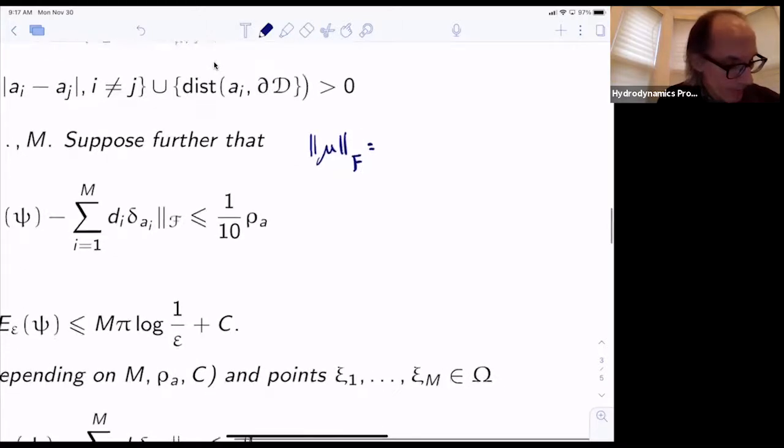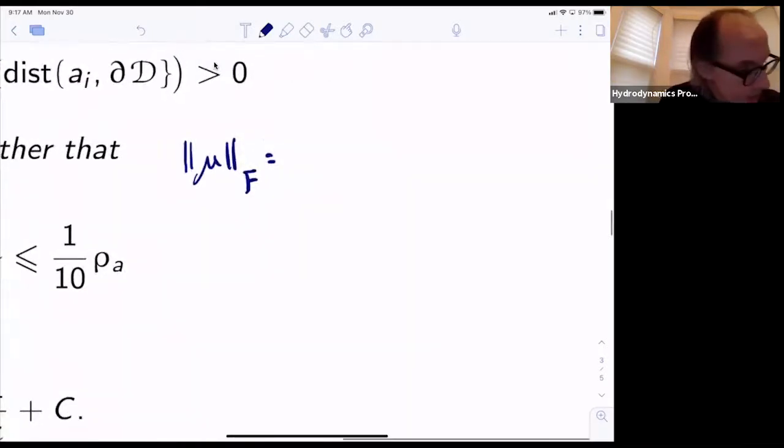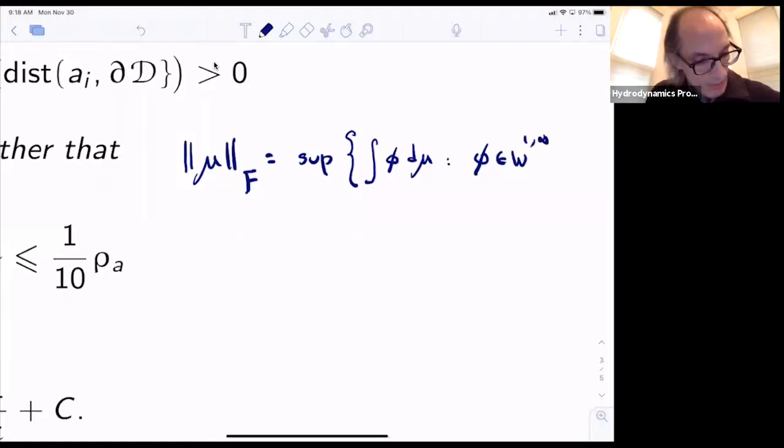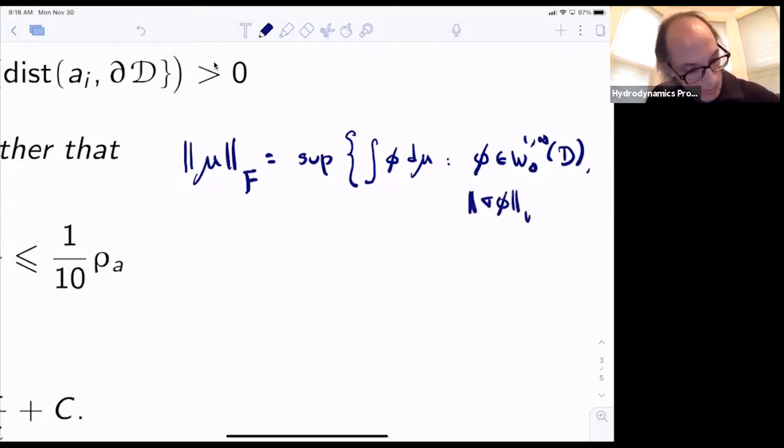The flat norm will be the supremum of this, where phi is in W1, a Lipschitz function with 0 boundary conditions, and let's say the L infinity norm of the gradient is bounded by 1.